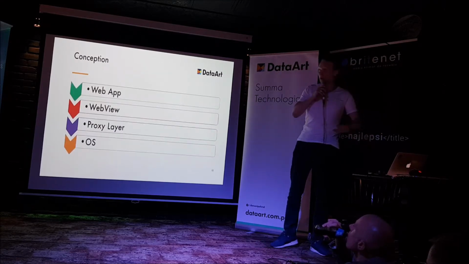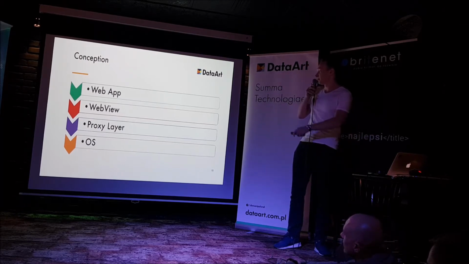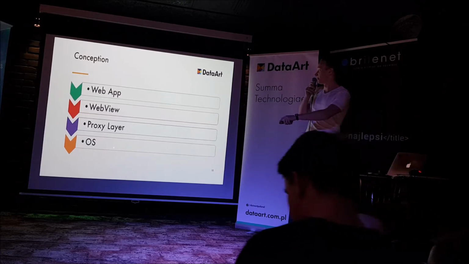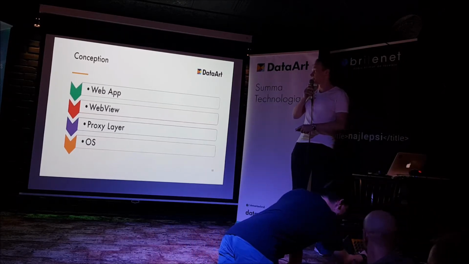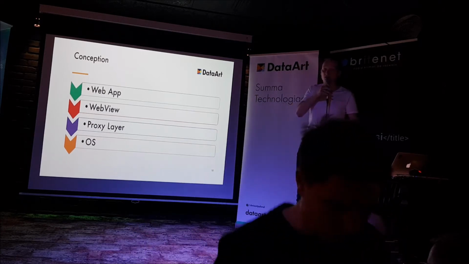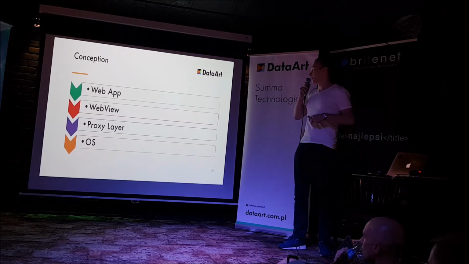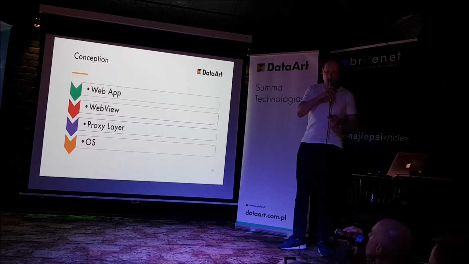So, in general, the idea is that we have an operating system, and on top we add some proxy layer to interact with native APIs, for example camera, input-output, accelerometer, file system, whatever.